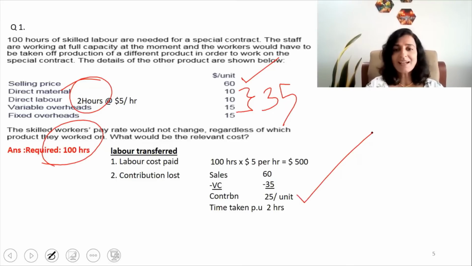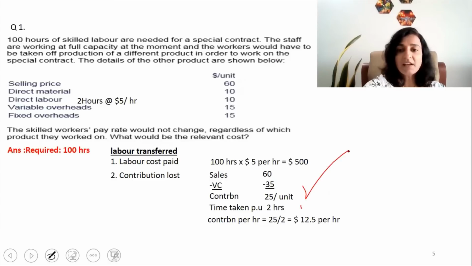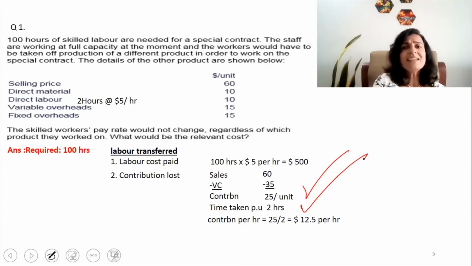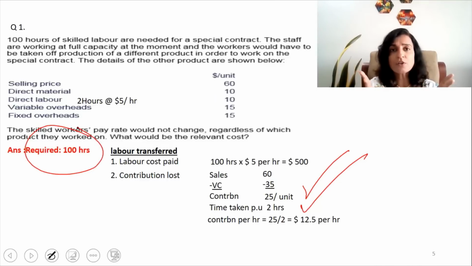Okay. So the time taken per unit is 2 hours. So what is the contribution for 1 hour? The contribution per hour is 25 divided by 2 or 12.5 per hour. So for every hour, the existing business is contributing $12.5. And how many hours are we taking? We are taking 100 hours. So what's the total lost contribution?